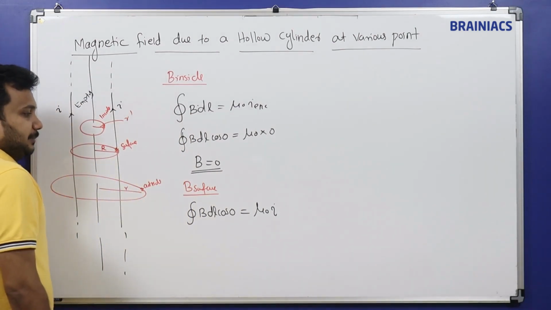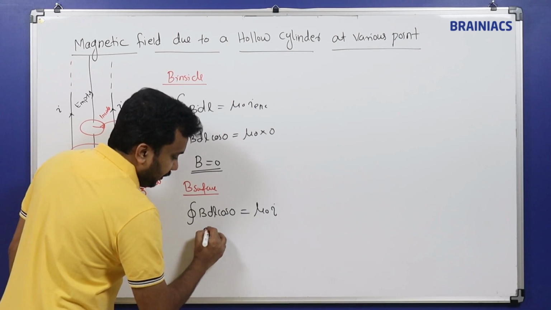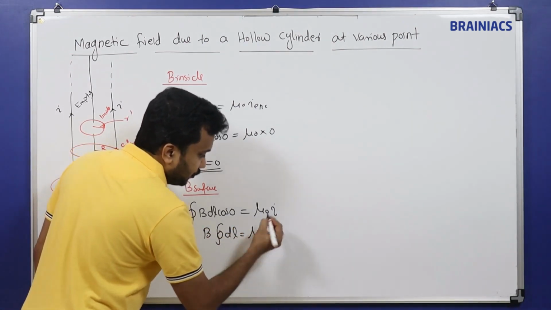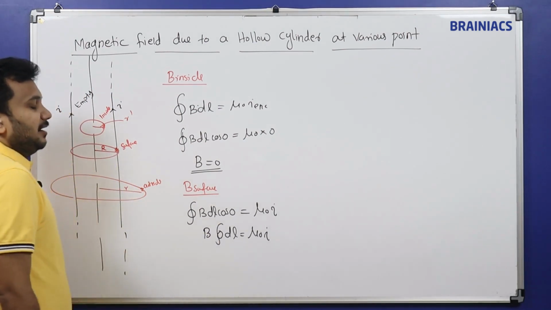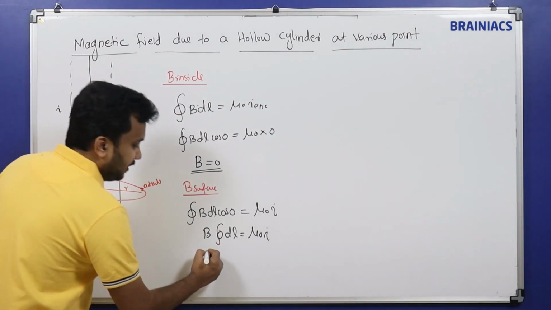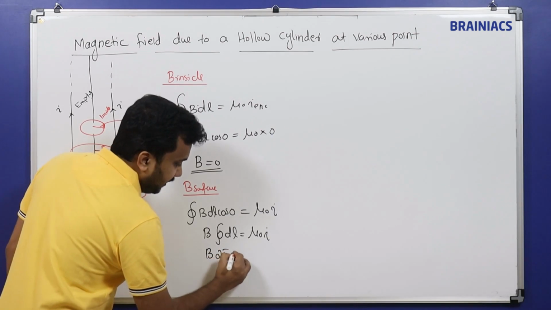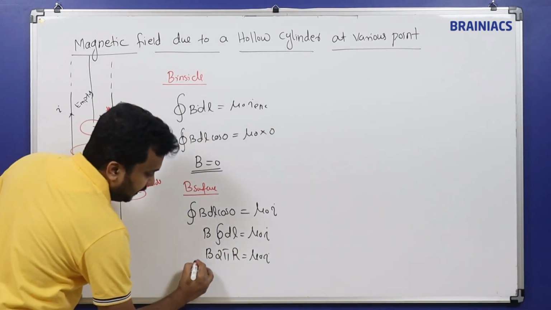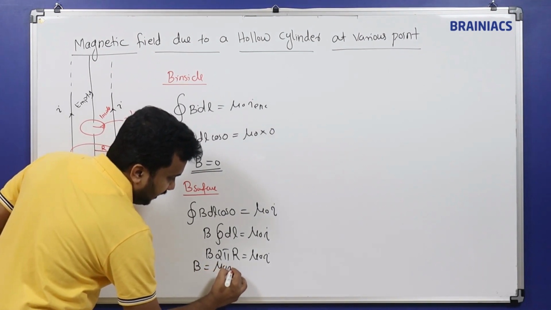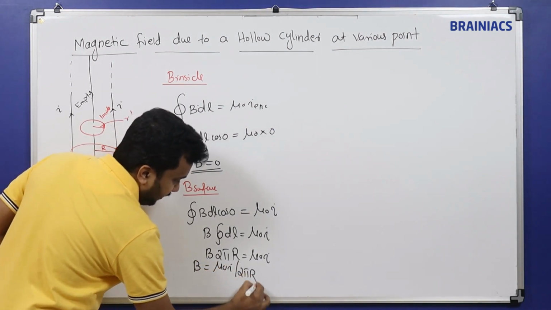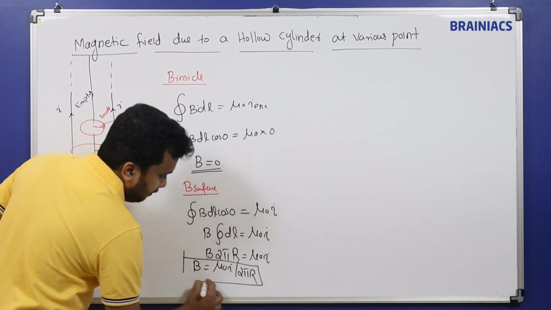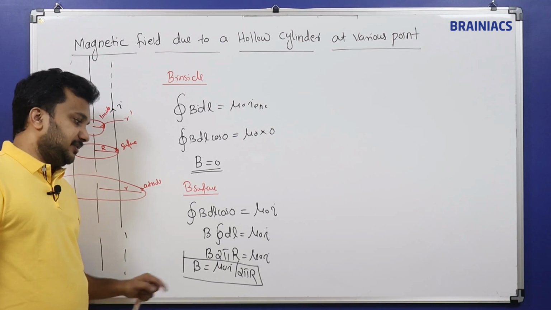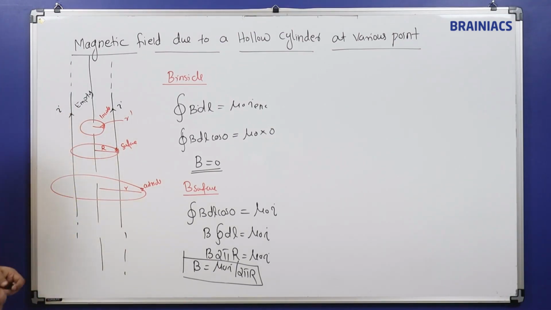So mu 0 times I. So B closed integral dl equals mu 0 times current. Integral dl equals 2 pi r. So B into 2 pi R equals mu 0 I, and B equals mu 0 I divided by 2 pi r.